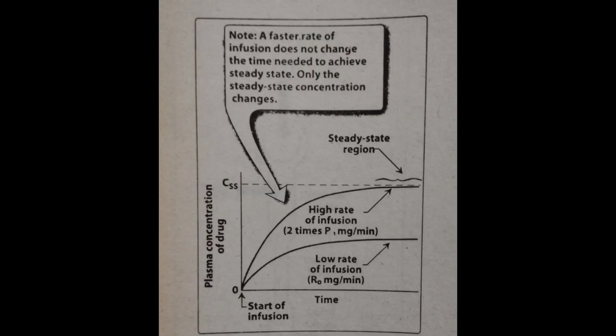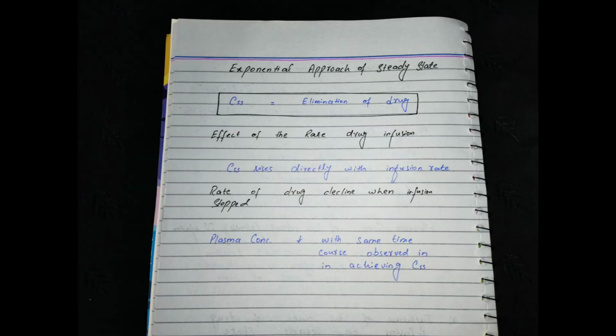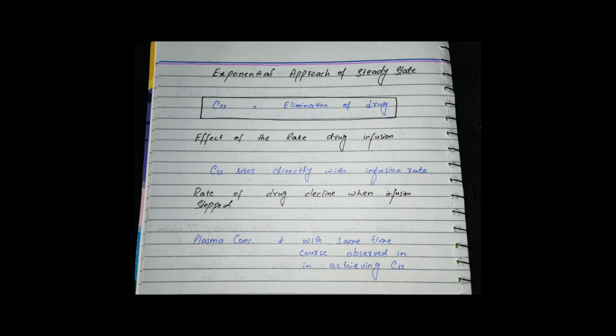Now we move towards the time required to reach the steady state concentration. The concentration of a drug rises from zero at the start of the infusion to its ultimate steady state level. As we can see in the graph, the fractional rate of approach to a steady state is achieved by a first order process. Right, now we move towards the exponential approach to steady state, which is the rate constant for attainment of steady state, the rate constant for total body elimination of the drug.